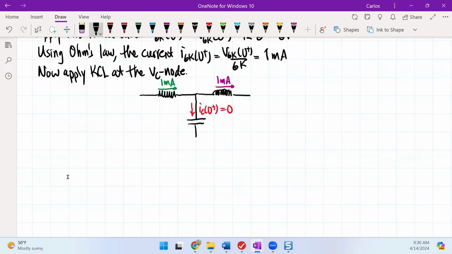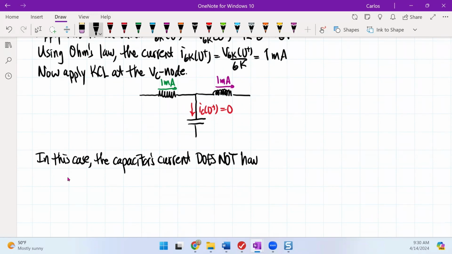So in this case, the capacitor's current does not have a discontinuity. So if I look at this thing, we're seeing that we have a current something like this here.